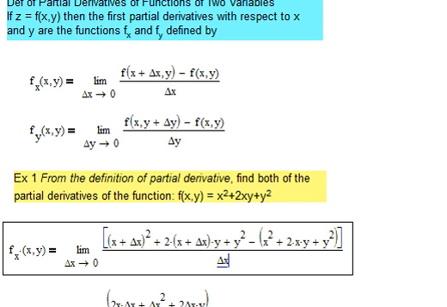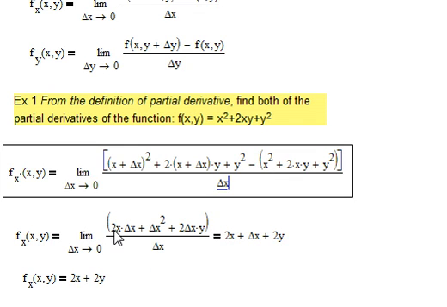Now, notice that we would have x squared plus 2x delta x plus delta x squared plus 2xy plus 2 delta x y plus y squared minus x squared minus 2xy minus y squared.